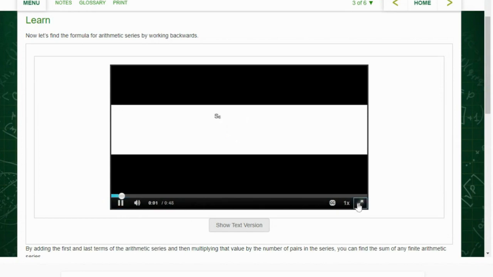The sum of the 6 terms of the arithmetic sequence is negative 21. Negative 21 can be rewritten as 3 times negative 7. 3 represents the number of pairs in the arithmetic series, and negative 7 is the result of negative 21 divided by 3.